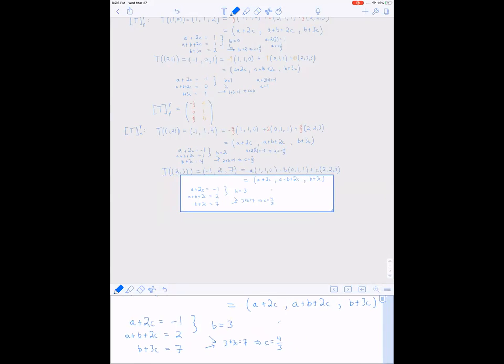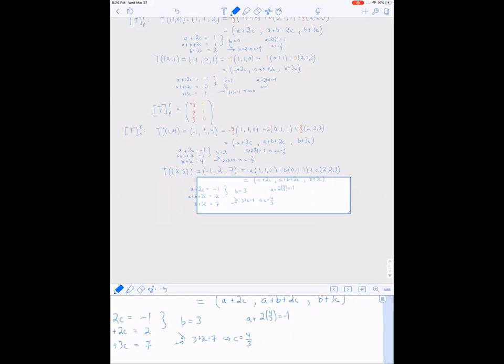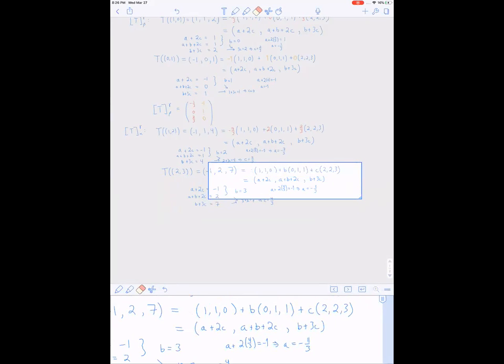And finally, A plus 2 times 4/3 is equal to -1. So that gives us A is equal to -1 minus 8/3. So that should be -11/3. So let's go ahead and update these coefficients now that we know what they have to be.